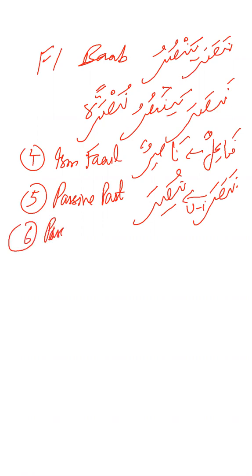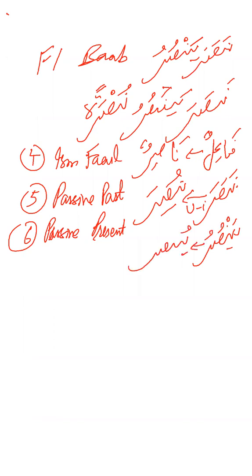Then you have passive present. From Yansuru, it will be Yunsaru. U-A pattern, right?